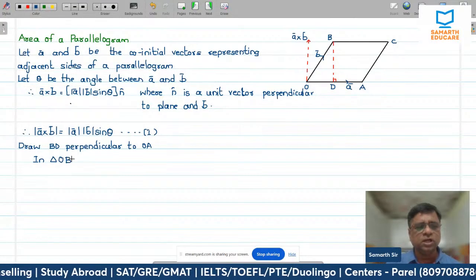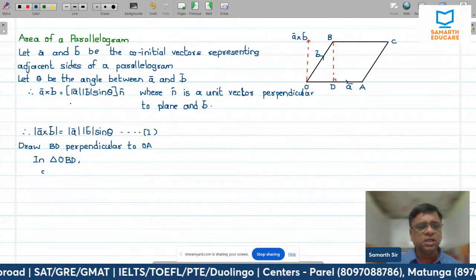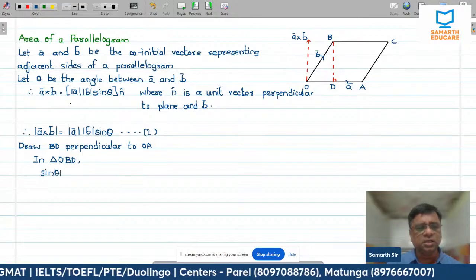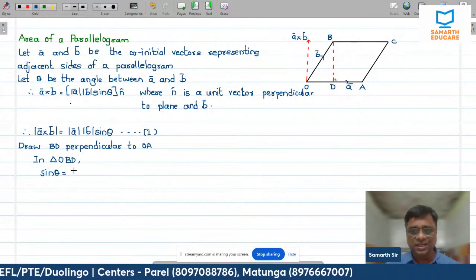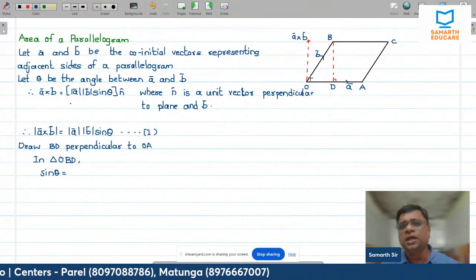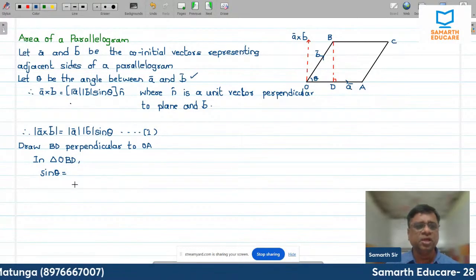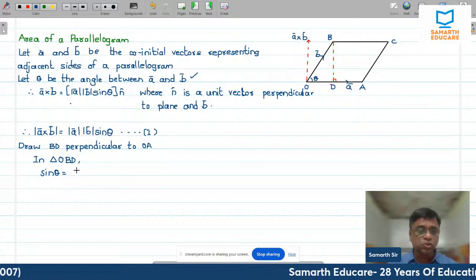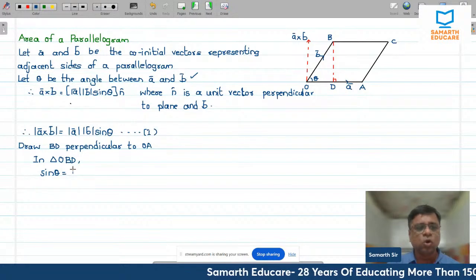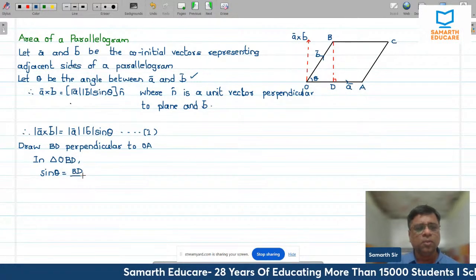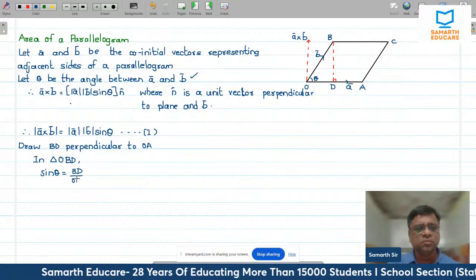If you observe the triangle OBD, in this case, what is sine theta? This is theta, right? What we have written over here, it is the angle between A bar and B bar. So sine theta is opposite upon hypotenuse, which is BD upon OB.